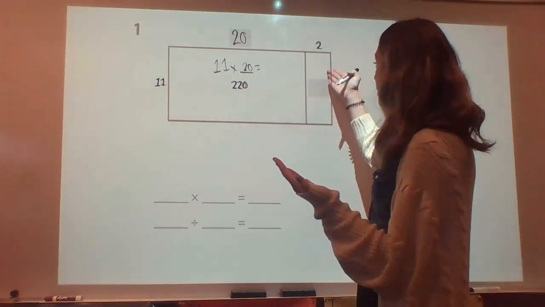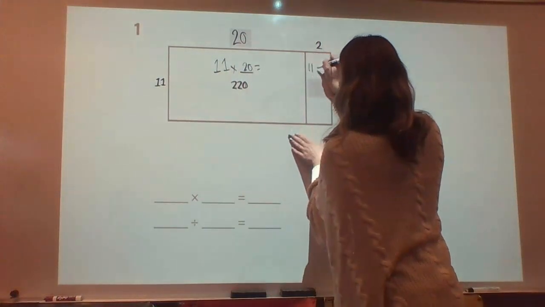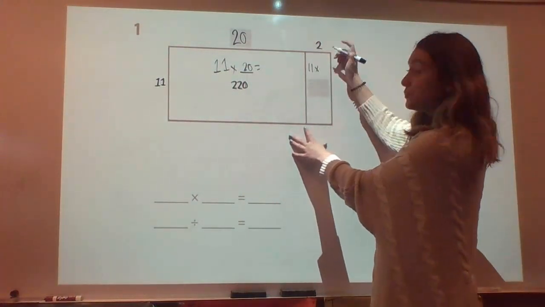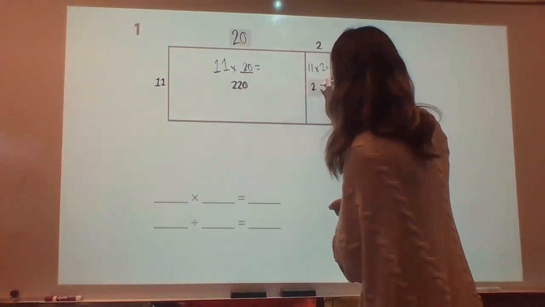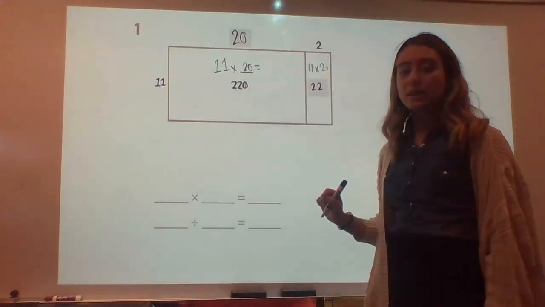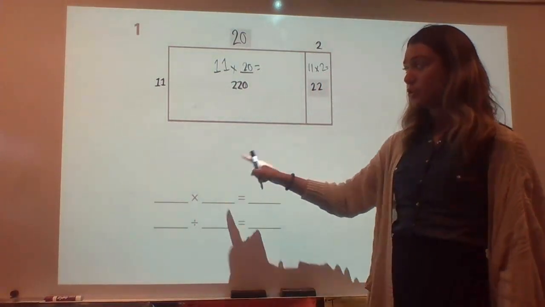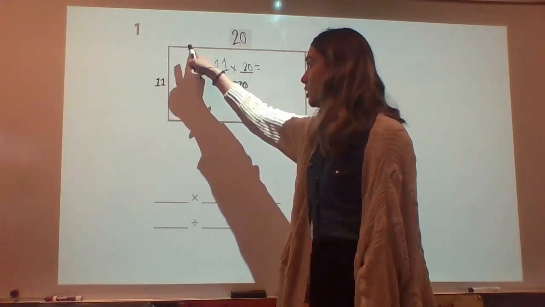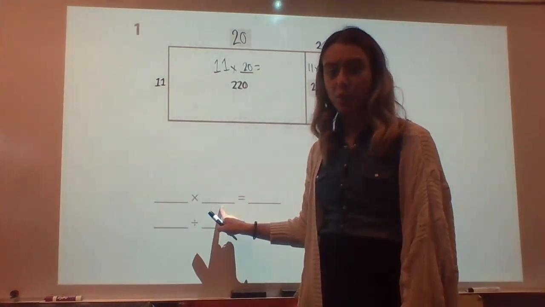Now I'm looking at my other blank and I have to do 11 times 2. Now I know 11 times 2, one of my multiplication facts, is 22. Now friends, I'm not done there. I have to figure out what this equation is. So I know that the dimensions of my array are, fill in my multiplication equation here.